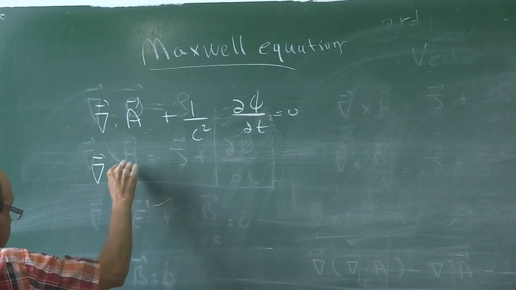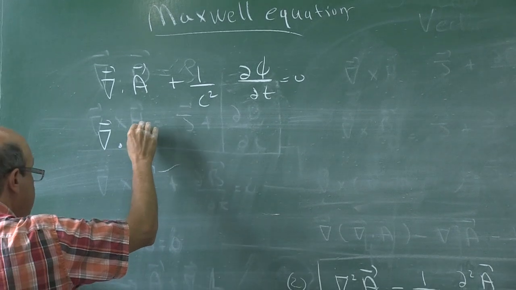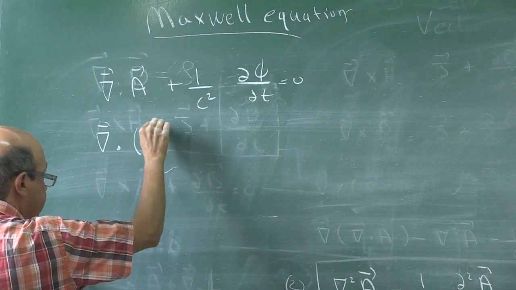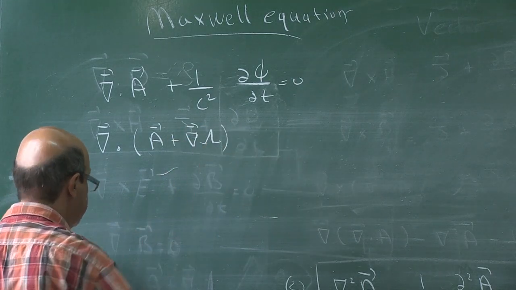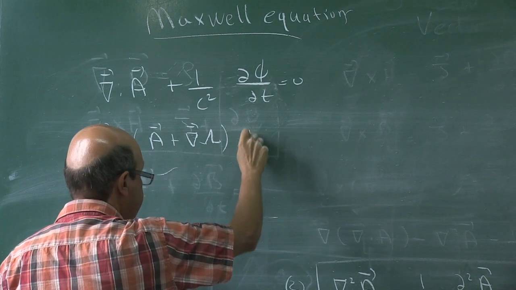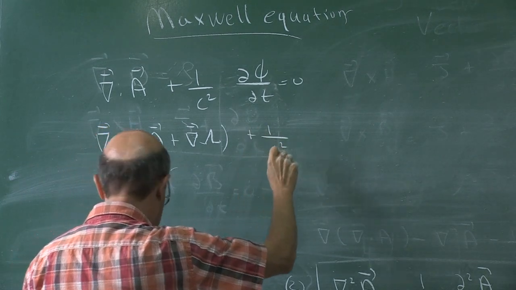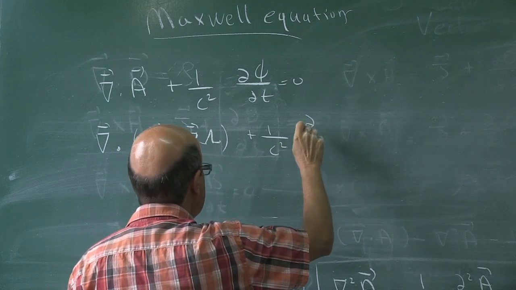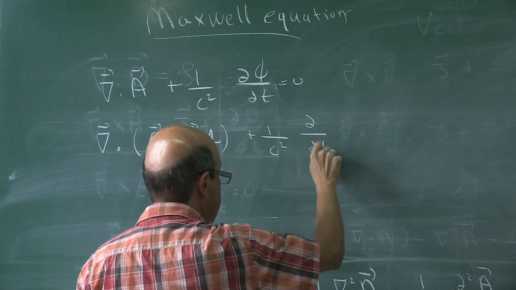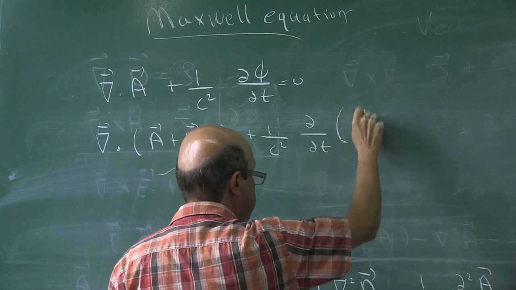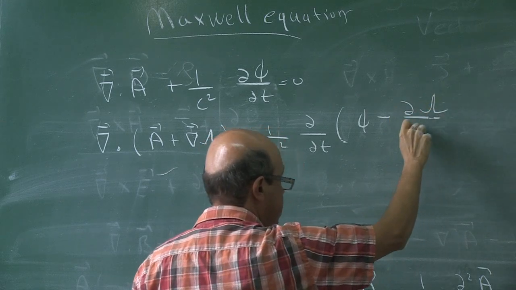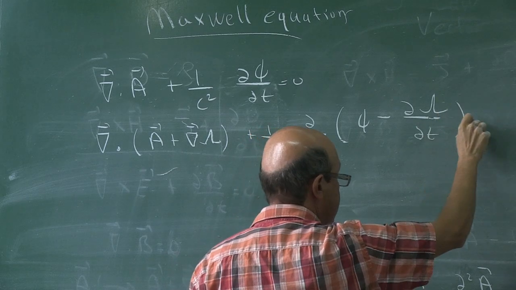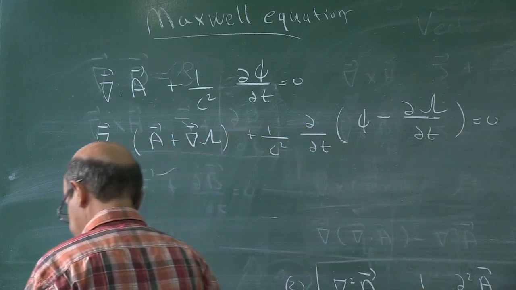Divergence of A prime, instead of A, A prime is A plus gradient of some scalar function, and phi prime is phi minus the derivative of some scalar function over t.